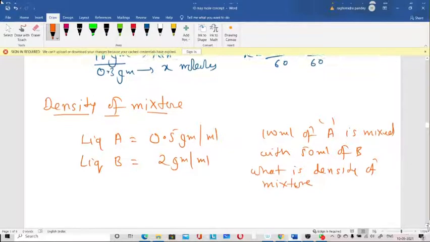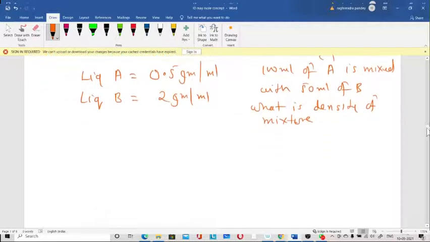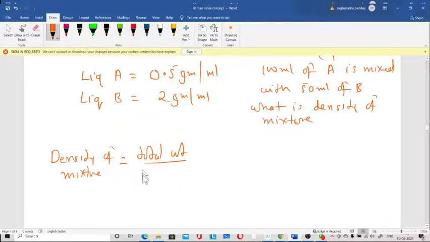So how to solve it? The density of mixture is the total weight divided by total volume.